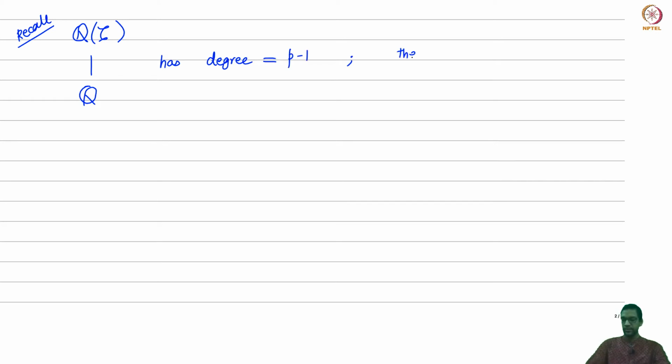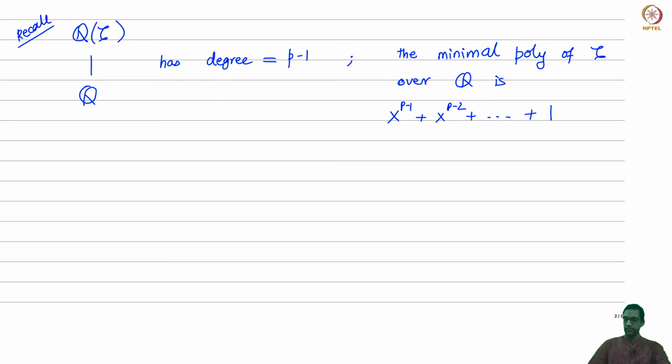Because the minimal polynomial that zeta satisfies over Q is just the polynomial x to the p minus 1 plus x to the p minus 2 plus dot dot dot till 1.